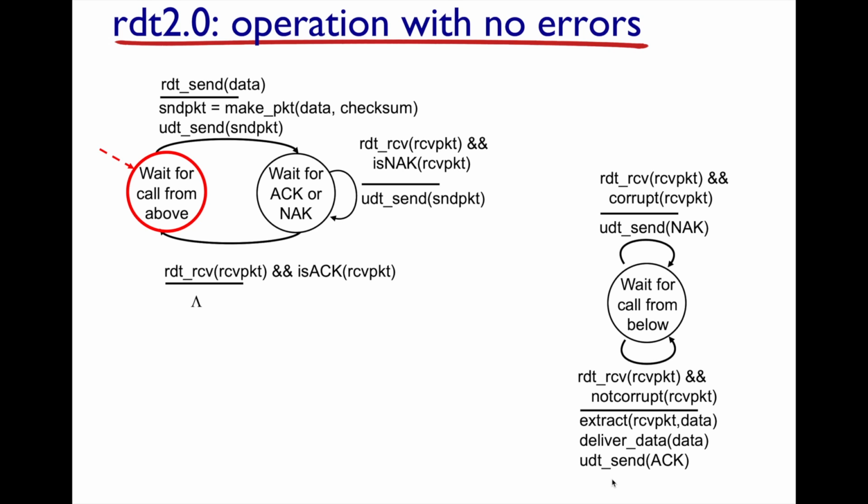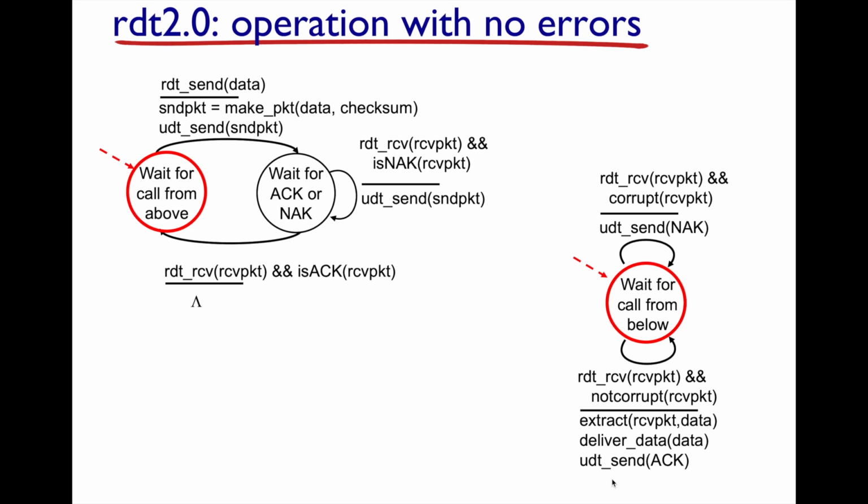Likewise, at the same time, the process running the receiver side transport layer runtime is in a state starting out called wait for call from below, because its action is going to be triggered by the event of getting an incoming segment from the network layer below it.